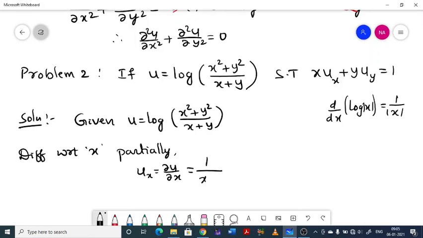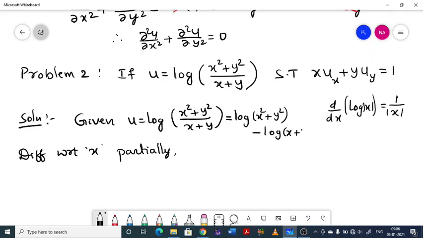So x square plus y square divided by x plus y. Otherwise you can do one thing, yes, it will be a bit difficult, better you can do like that. You can rewrite this as log of x square plus y square minus log of x plus y. See, yes, this one will be easier.